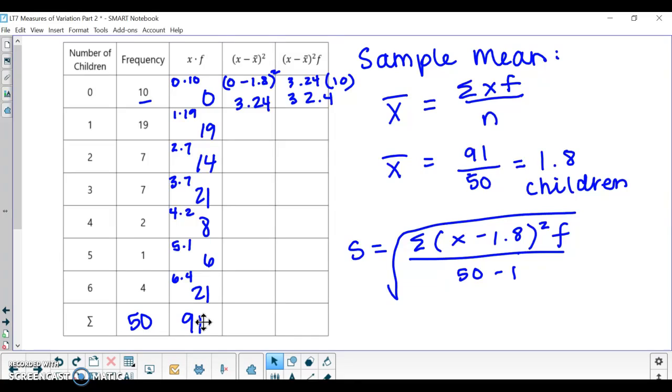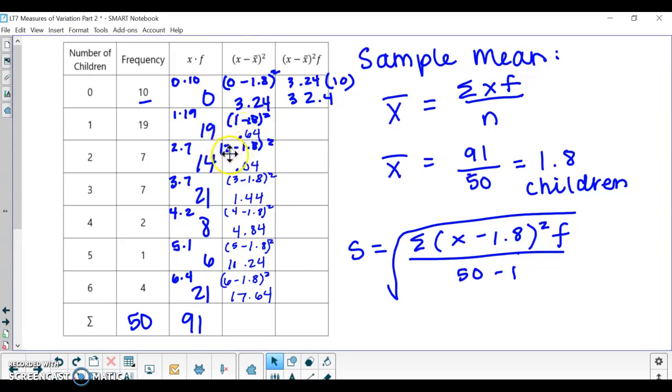So take a minute, pause the video, and do each of the rest of the columns. Check that you have the midpoint minus our mean, and then square it. Check each one of those squares, and we're going to take each one of those and multiply it by its frequency, so 0.64 times the frequency of 19, and so on.